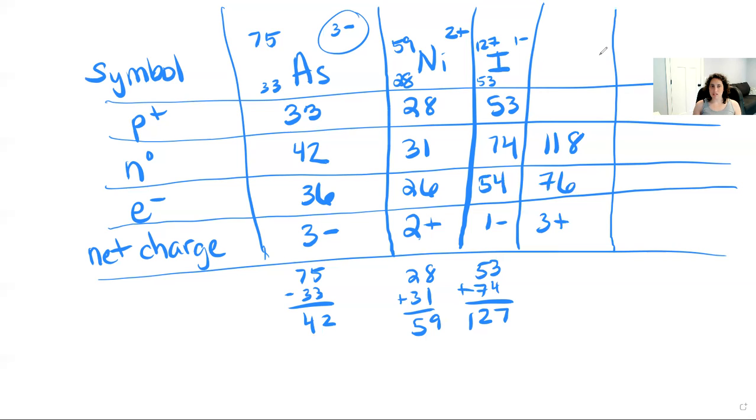So instead of having 76 protons, it has 79. Now that I know that's 79, I can go find 79 on the periodic table and find that it is gold, Au. I need to figure out a mass number, so I have 79 plus 118, which is 197. So that's here. And then that net charge shows up at the top right.